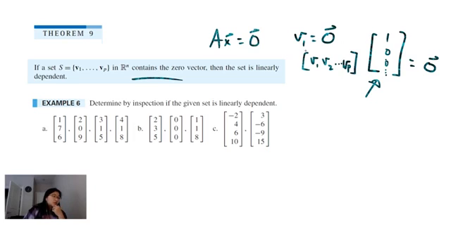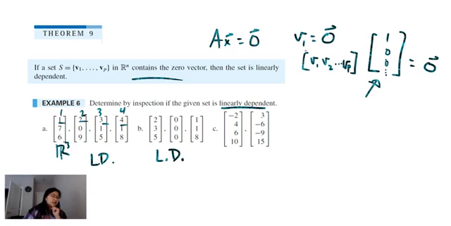So, which of these is linearly independent and which is linearly dependent? Well, if we have a vector of zeros, then that's going to be linearly dependent. So LD. What about here? We have R3 space, but we're looking at 1, 2, 3, 4 vectors. So we have more vectors than we have space, so this is going to be linearly dependent.